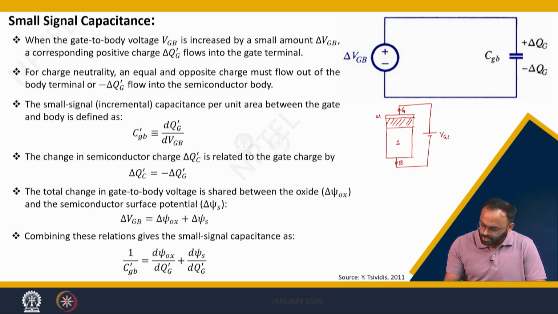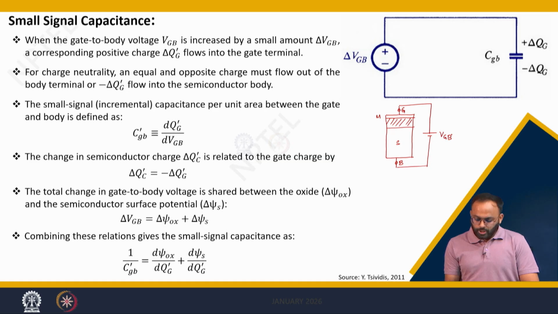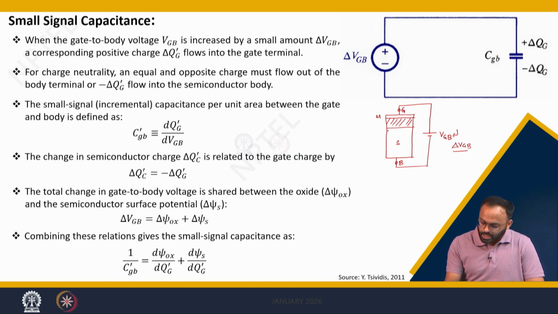This is VGB. You are changing this VGB by a small amount, delta VGB. This change in gate to body voltage causes a change in the gate charge. For example, if you are increasing VGB by a small amount towards positive, then a positive charge at the gate side will increase.